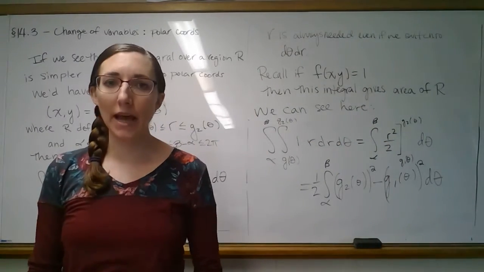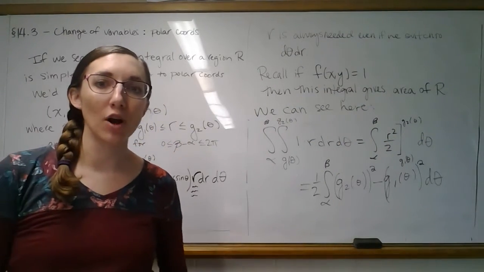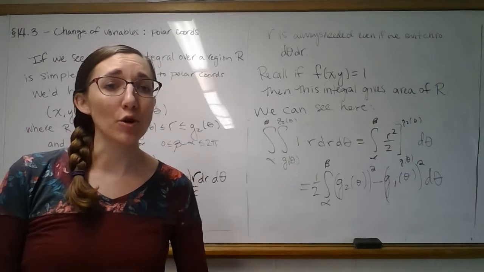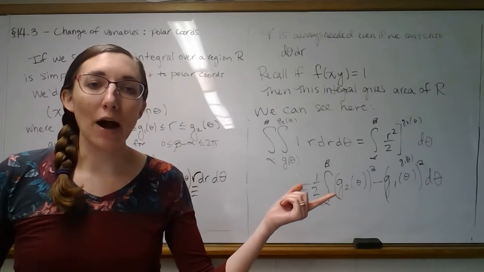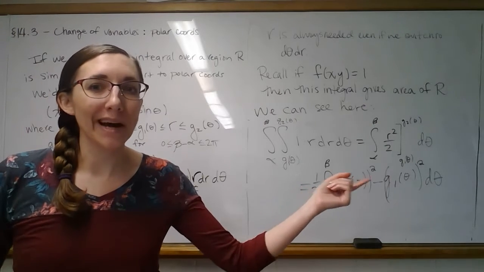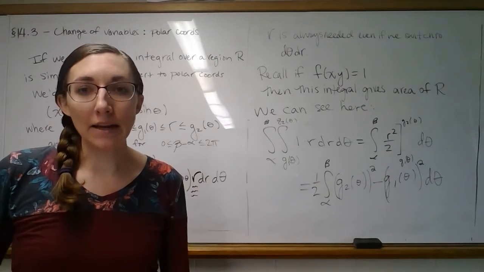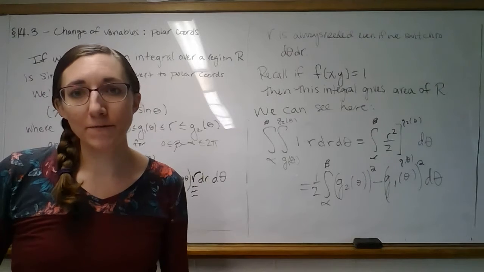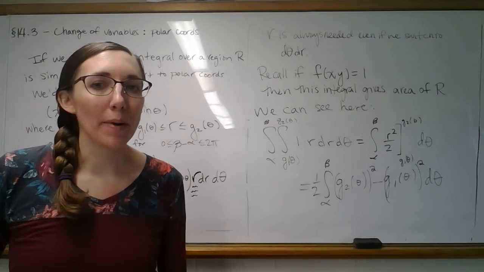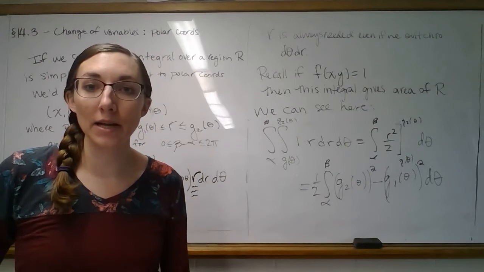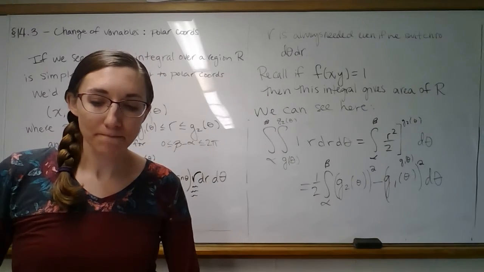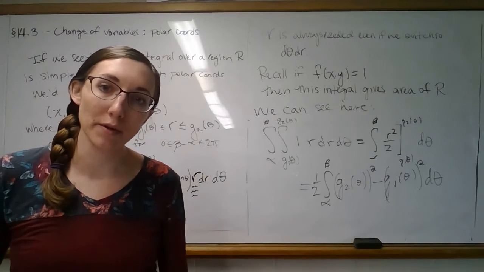And this is exactly the area formula that we just recalled in the last video, because notice what we're doing: 1/2 r, the outer radius squared minus the inner radius squared, integrated with respect to theta. So it does convert back to an area formula that is a polar area formula.